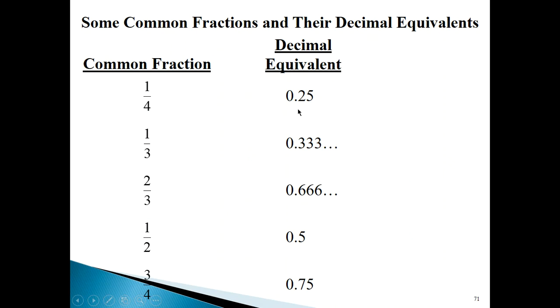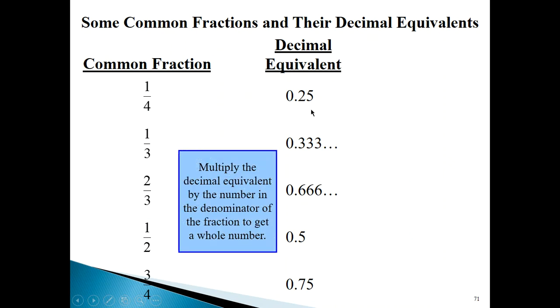So for example, if you end up with something like 0.25, that means you'd have to multiply by 4 to get 1. If you get a recurring 3 after the decimal point, you multiply by 3 to get your integer. If you have a recurring 6 after the decimal point, you multiply by 3.